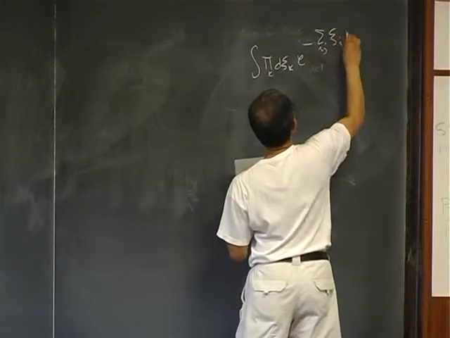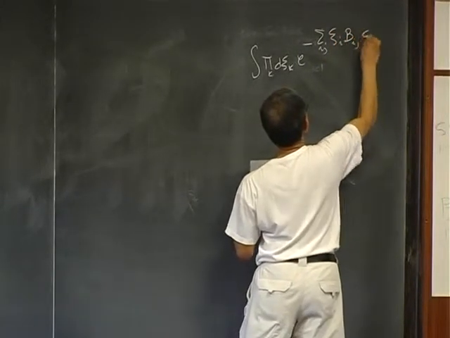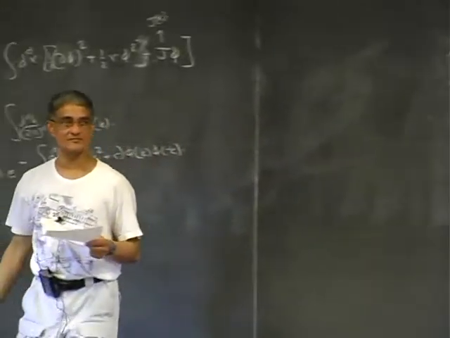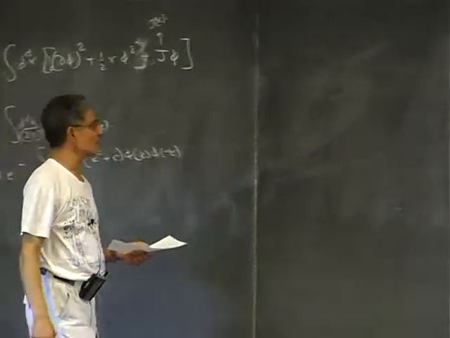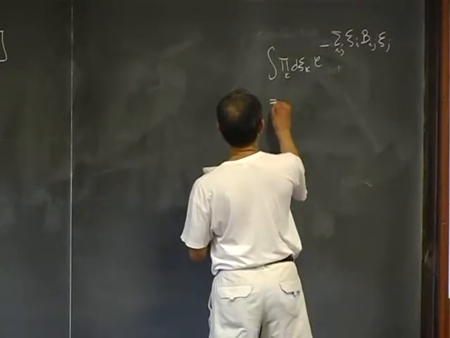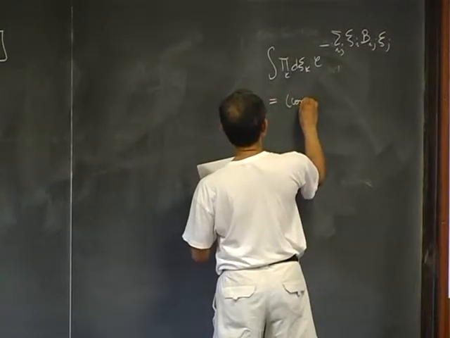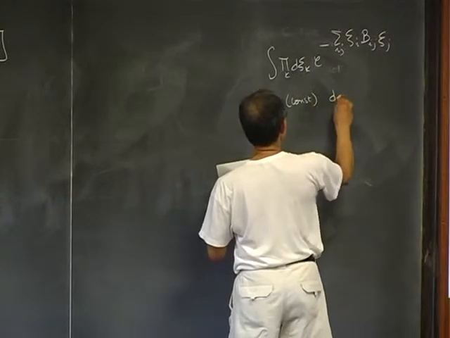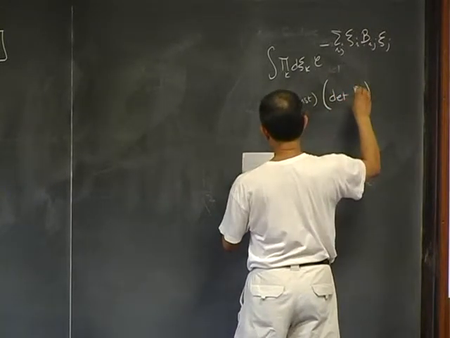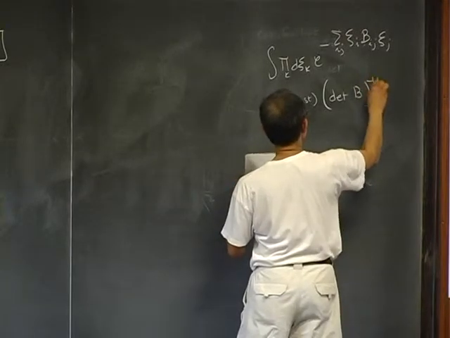If you haven't done this ever, I suggest you just go home and do it, this integral. This is a Gaussian integral, and the result of this is some constant times a determinant of this matrix B raised to the power minus half.